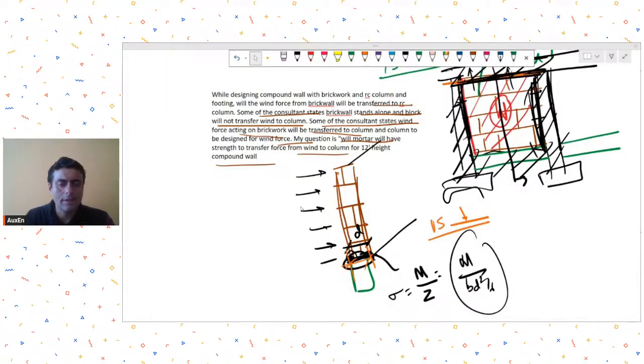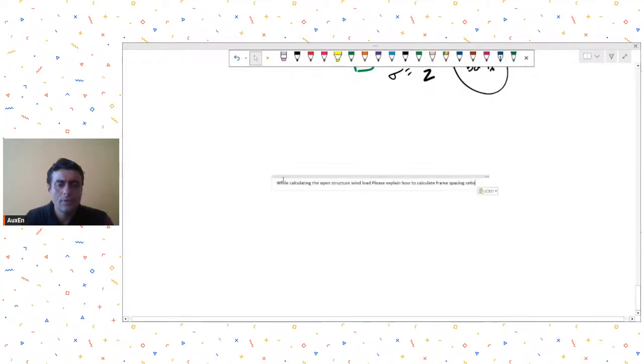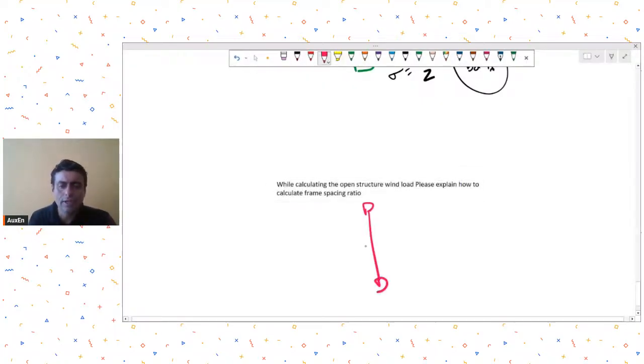Okay. Then we have another question from engineer Rupak Raj. While calculating open structure wind loads, please explain how to calculate the frame spacing ratio. So frame spacing ratio is nothing. Let's say in plan view you have this frame.